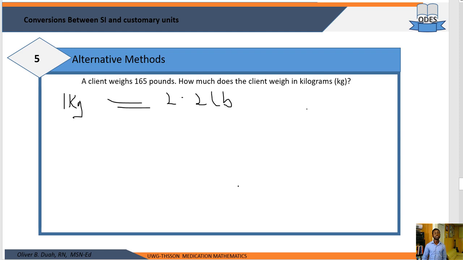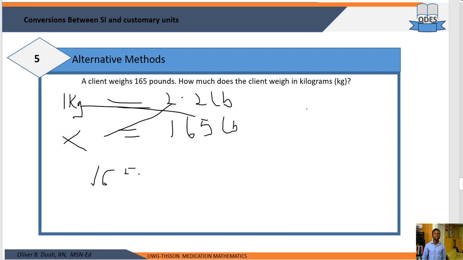Okay, so this is using ratio and proportion. However, for X, which we don't know, we have 165 pounds.